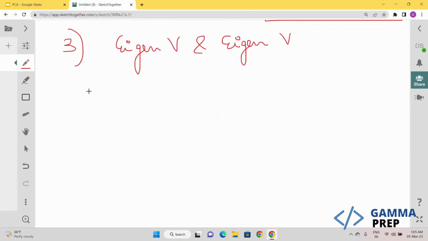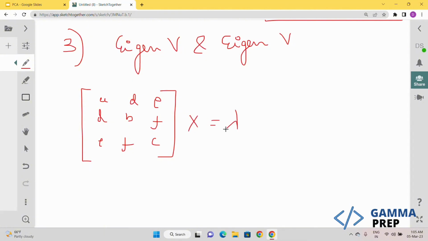So if we have the covariance matrix, which let's say is 3 cross 3 because we had three features, with entries A, B, C, D, E, F, then for this matrix you find the eigenvectors and the eigenvalues, such that when the covariance matrix is multiplied with an eigenvector, you get the same vector back.